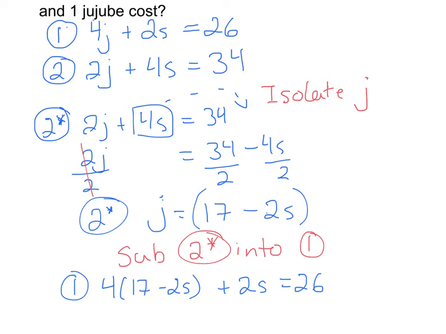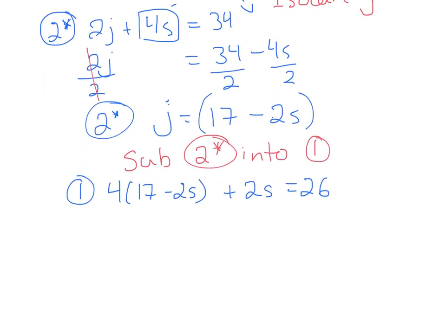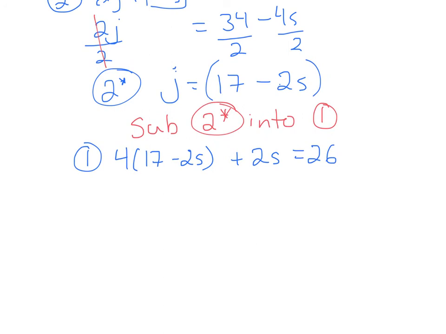From there, since now I only have one variable, I can solve for what 1s is. So I have 4 times 17, and that's going to be 68. I'm using my distributive property. 4 times negative 2s is negative 8s, plus 2s equals 26.